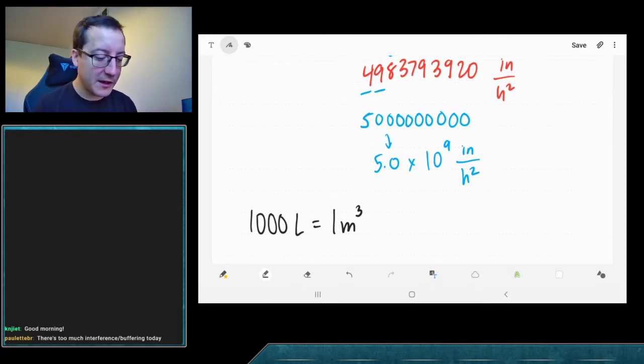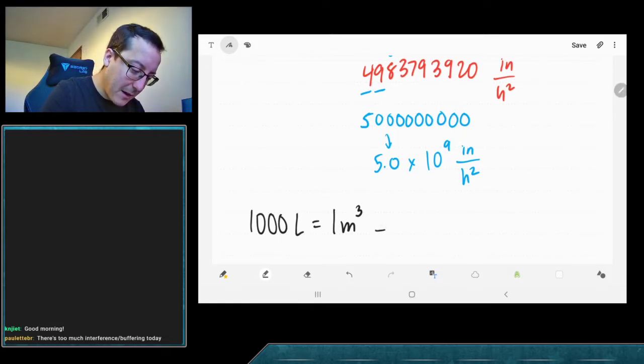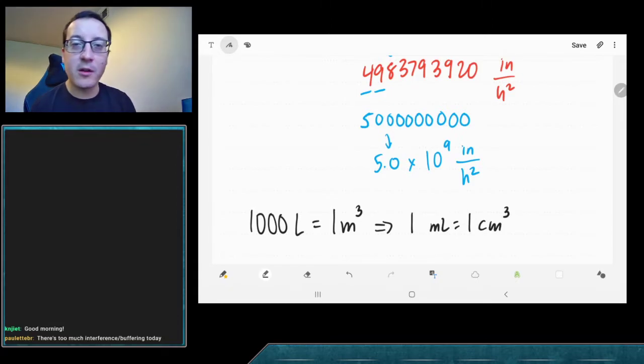So if you're going to use this conversion factor in a problem, you don't need to mess with it anymore. It's already got the cubic part incorporated. This is the same thing, by the way, as saying 1 mL equals 1 cubic centimeter. So these are the same conversion factor.